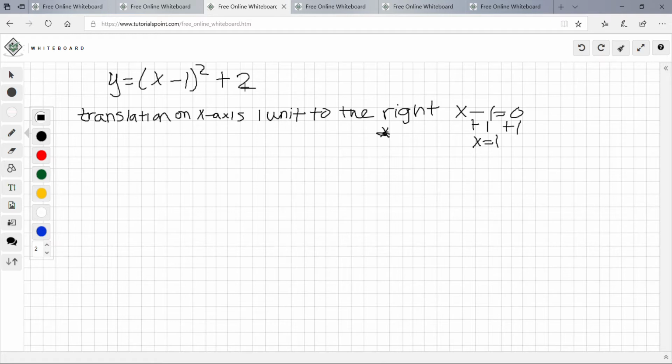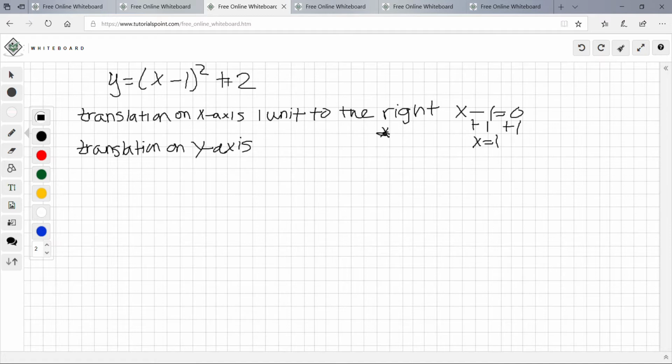Okay, now we have a translation on the y-axis. See how now for the y-axis it's really different. It's not the opposite. Remember how for the x-axis it's always the opposite, so instead of a minus 1, it's going to be positive 1. But for the y-axis, it's always just that exact number.